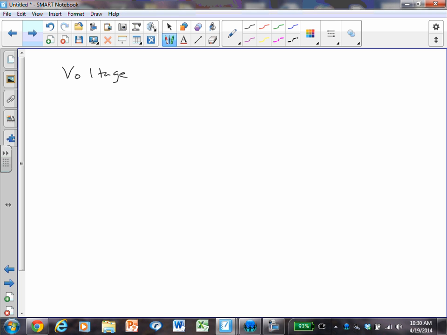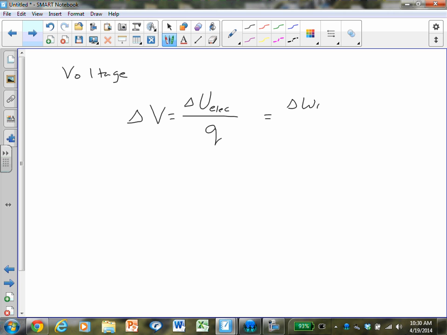So we call this the voltage, where we have the change in electrical potential over the amount of charge, Q, which could also be the work done over charge.